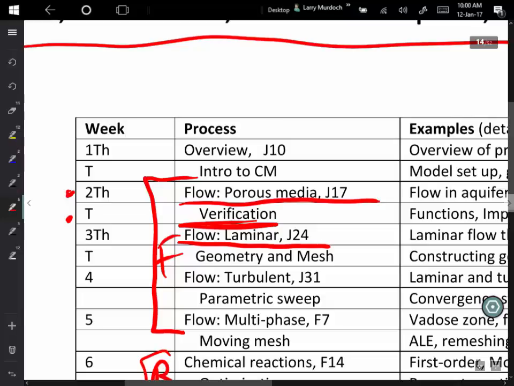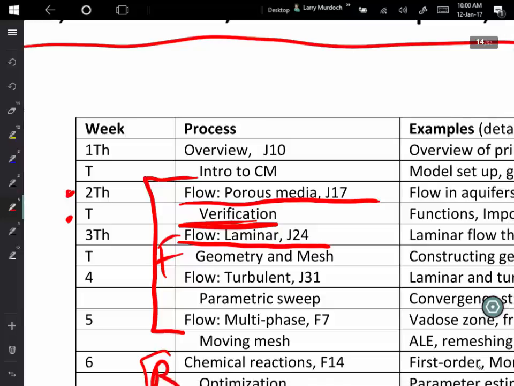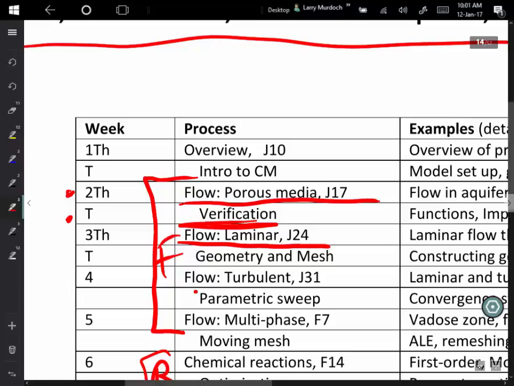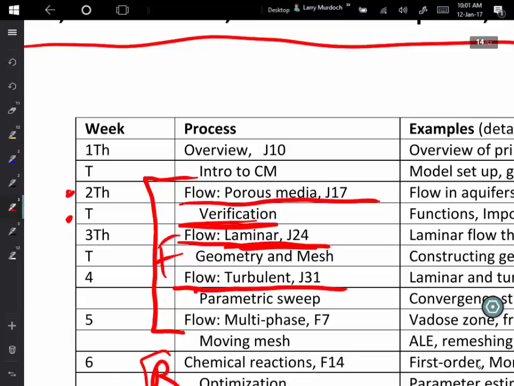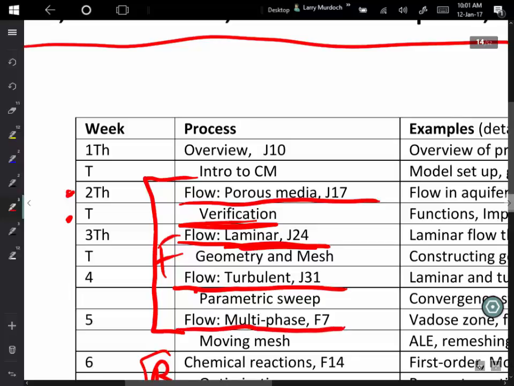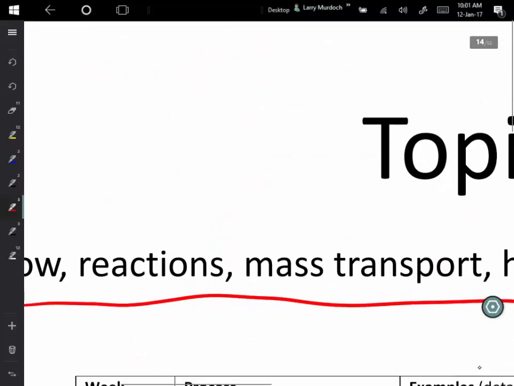What that means is that the first week will be flow through porous media, and then the second week will be flow through open channels or tubes that don't involve pores, just the open water. And then we'll have flow under laminar conditions, so low Reynolds number. And then we'll pick up the flow velocity a bit and look at how to simulate conditions that are turbulent. And then we'll also look at simulating multi-phase flows.